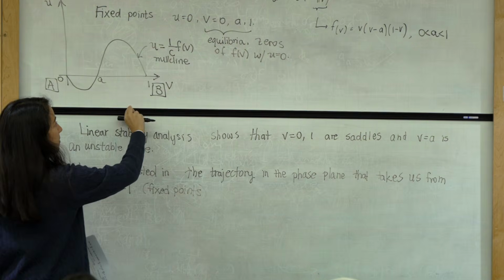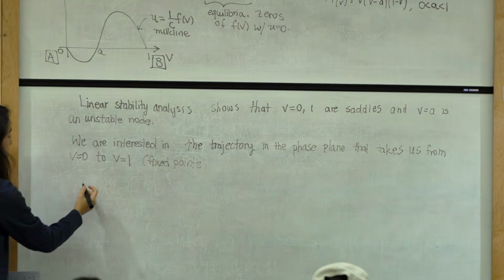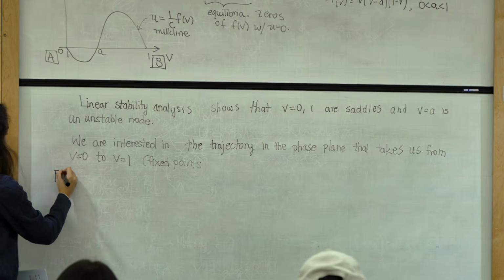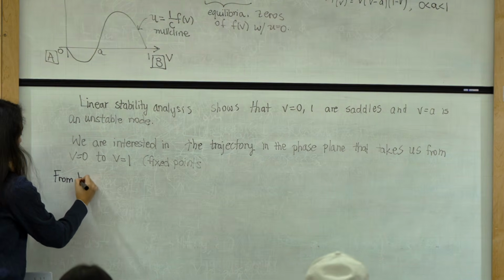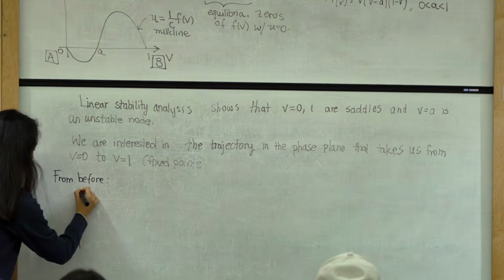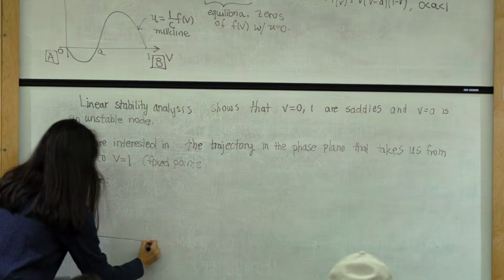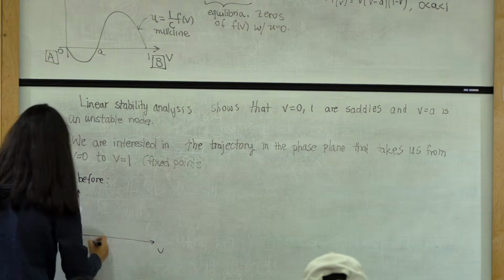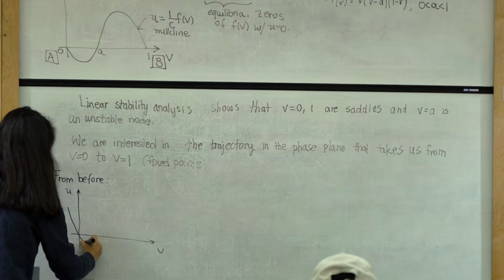Okay, so if you remember the space clamped case where we didn't have the dependence on space, I'm going to make a note here from before. I hope you remember this. I had drawn, so this was u versus v, and I had something like this.